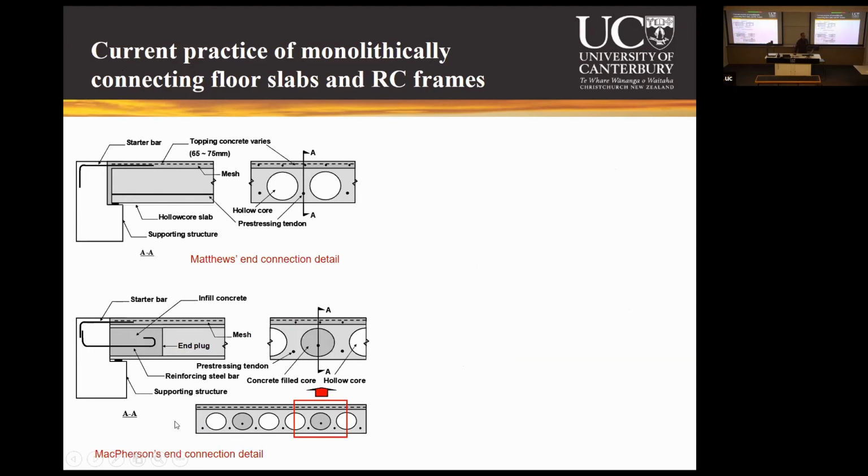And after McPherson's test, we changed that. We recommended that one out of every 3 or 4 cores in the hollow core slab has to be filled to prepare an end plug, and we add this extra reinforcing steel bar in addition to the starter bar, right?